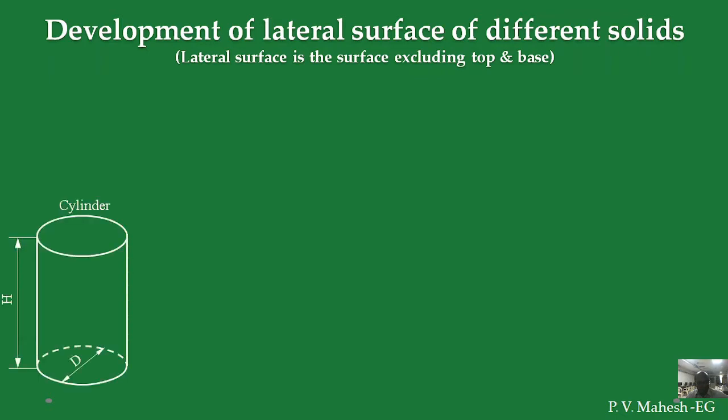So this is the cylinder. Suppose if I cut here at this edge and open, the length of the lateral surface that I can obtain is equal to the perimeter of the solid. And what is the height of the development? It is equal to the height of the cylinder.